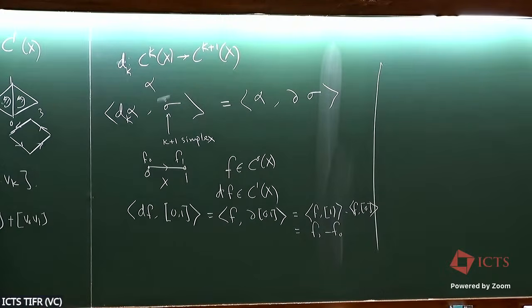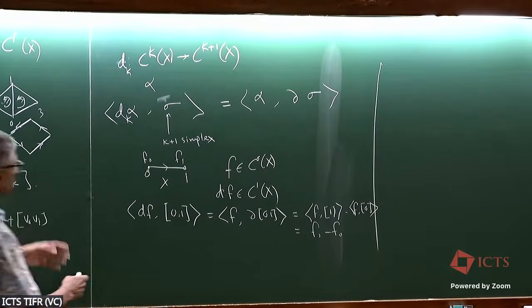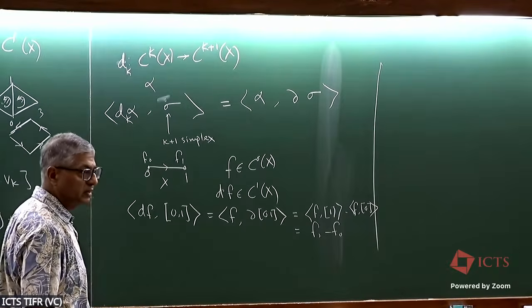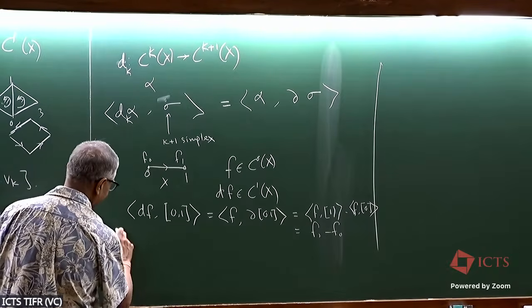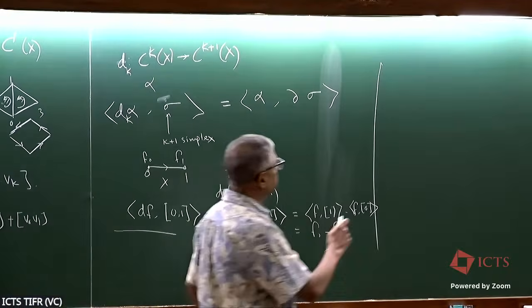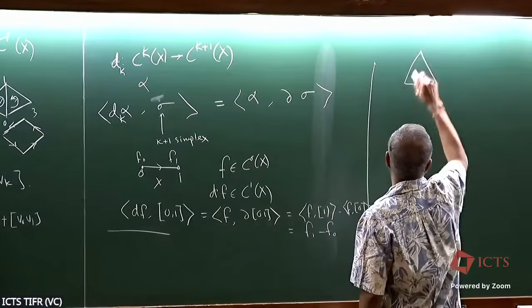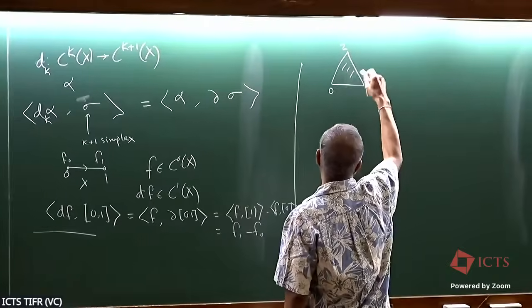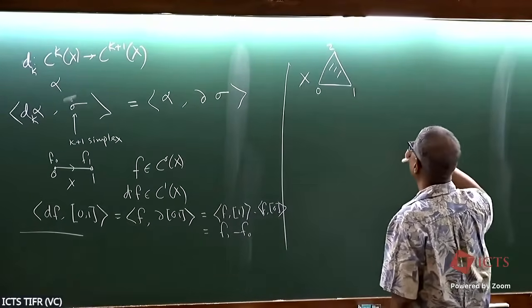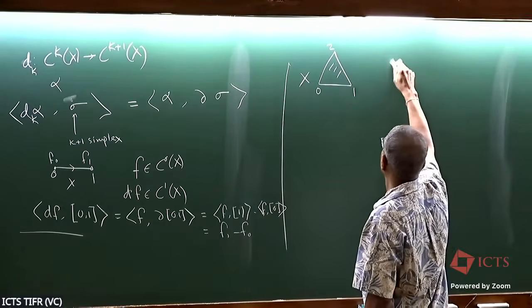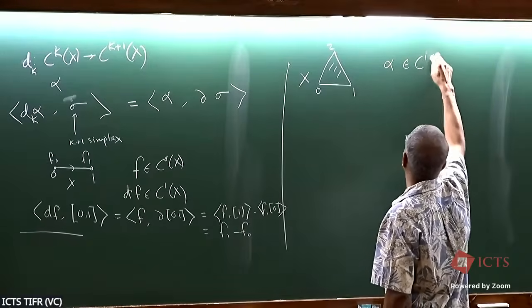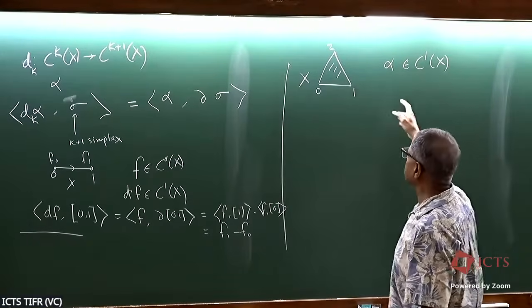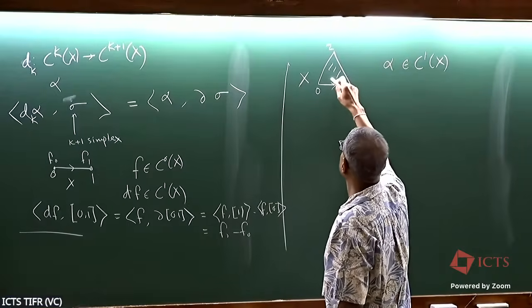And for a triangle, you should do this exercise yourself. Take X to be this simplicial complex 0, 1, 2. And then take a one co-chain. Let's give these edges an orientation.